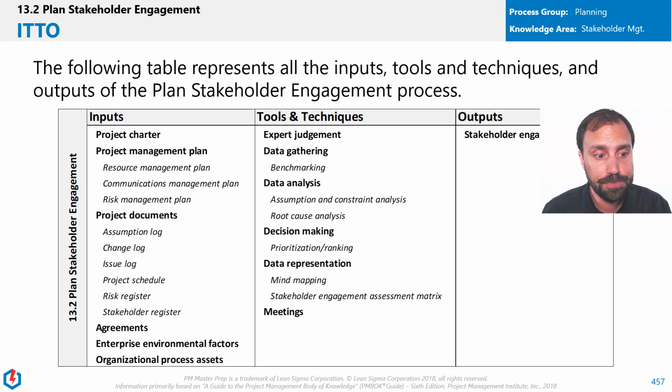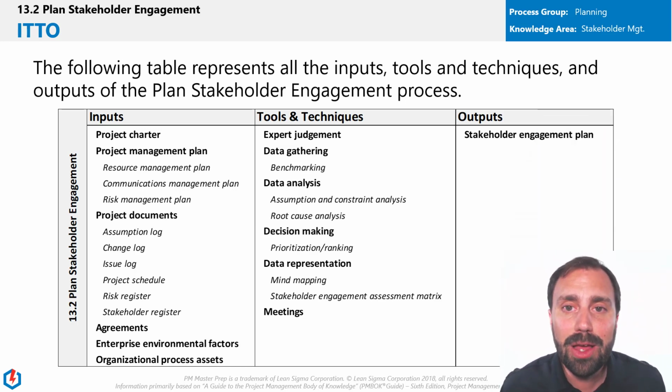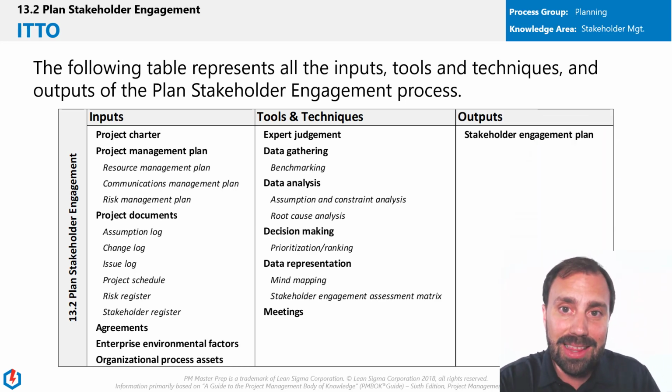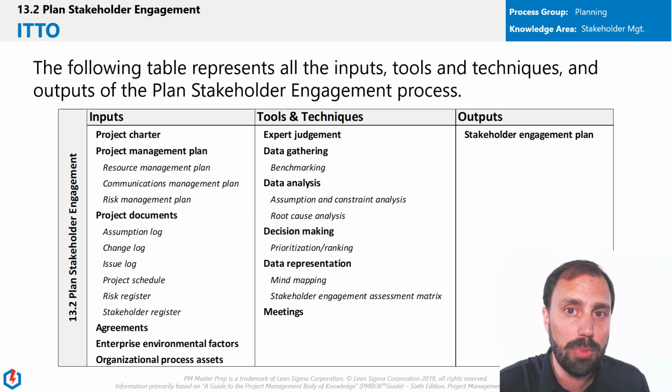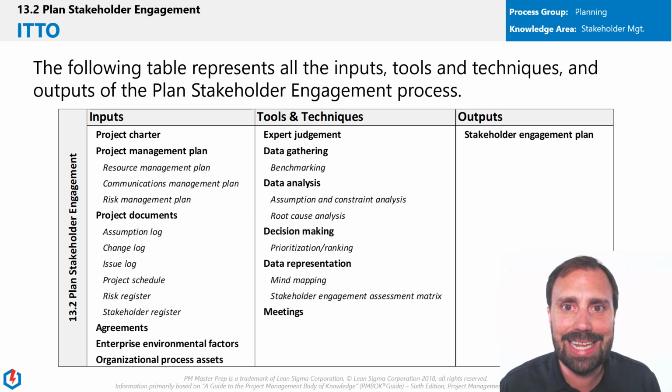So think about that. Then as far as documents, the one I want to focus on first is the mother of this process. This is where it all comes in through. That's the stakeholder register. And where do we make that? Where do we produce that? 13.1, identify stakeholders, right? That was in the initiating process group, second process that we ever did. That's beautiful. And so what we did there was we identified tons of stakeholders and we started to classify them.